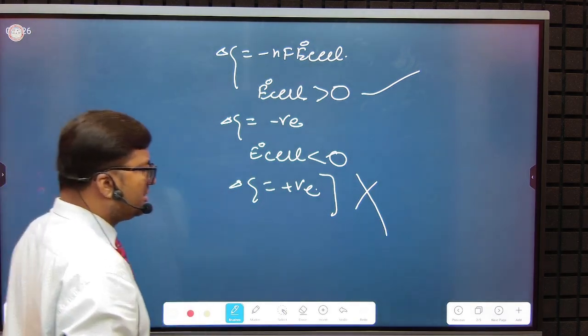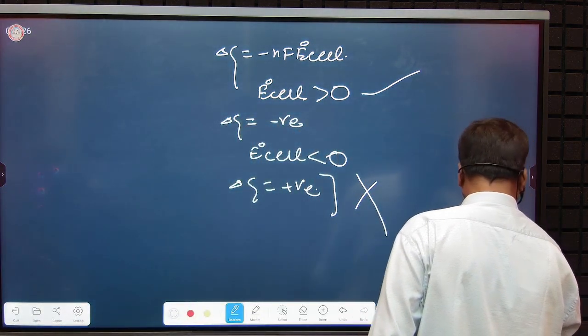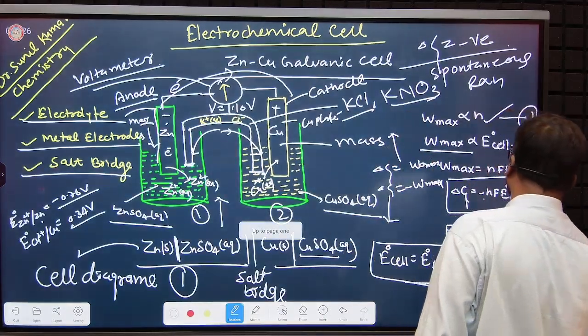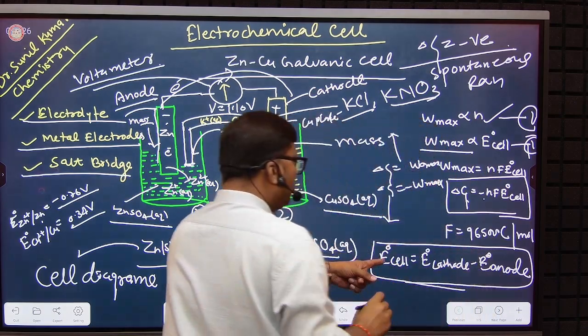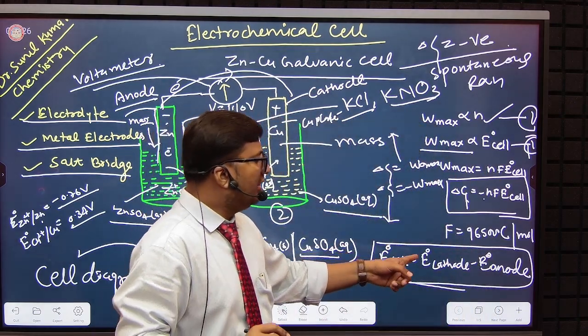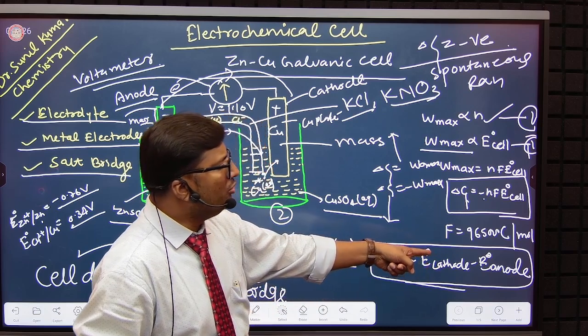Now E0 cell is actually E0 cathode minus E0 anode.